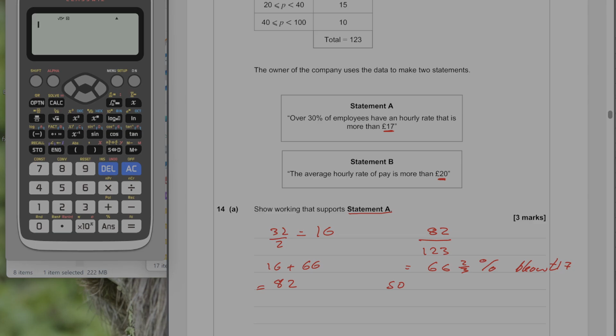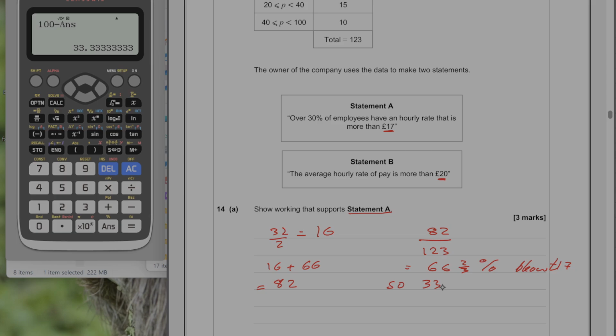Right, let's do that again. So 82 divided by 123 is equal to that, times by 100. That's my percentage. So 100 minus that is going to be equal to 33.33 above 17.